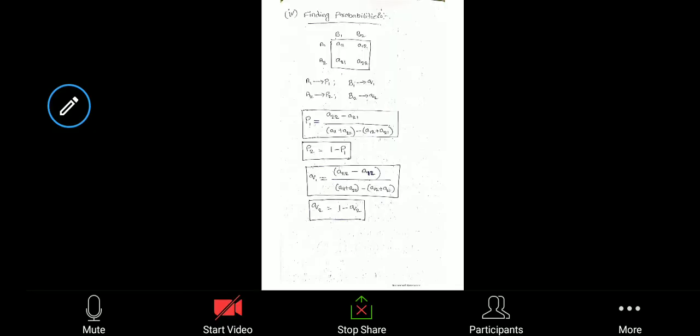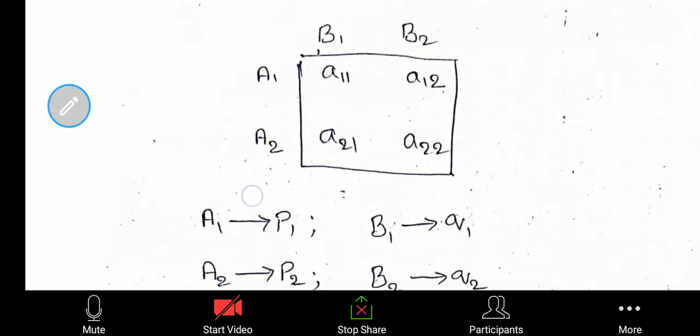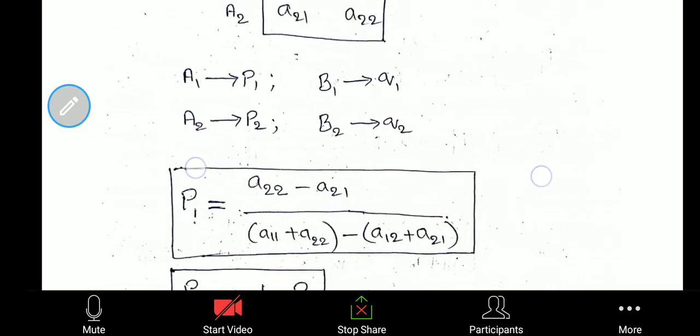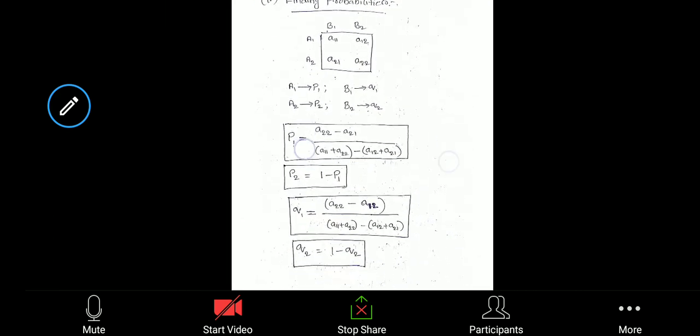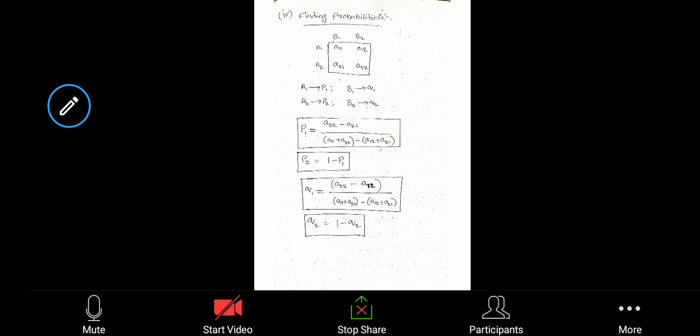With the help of examples, by using these equations we can calculate the probabilities. In the second method, for a1, the probability p1 equals a22 minus a21 divided by the diagonal elements.